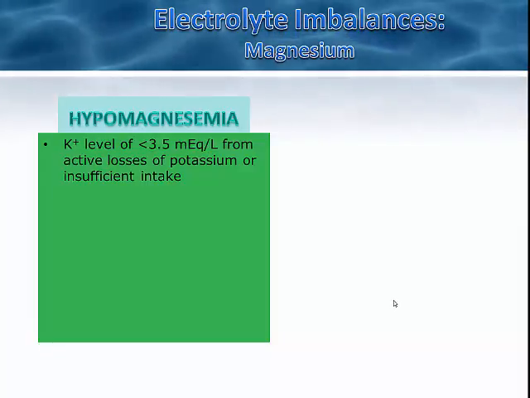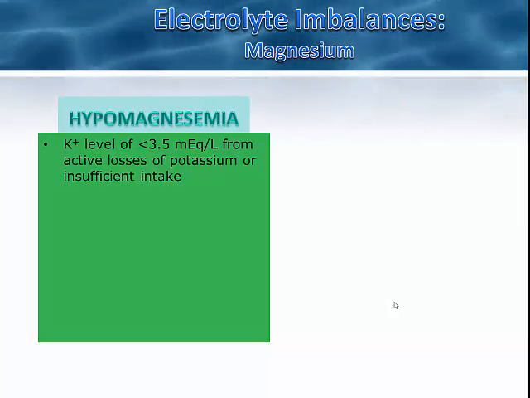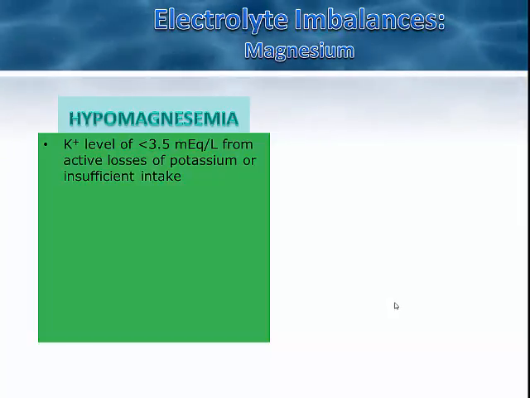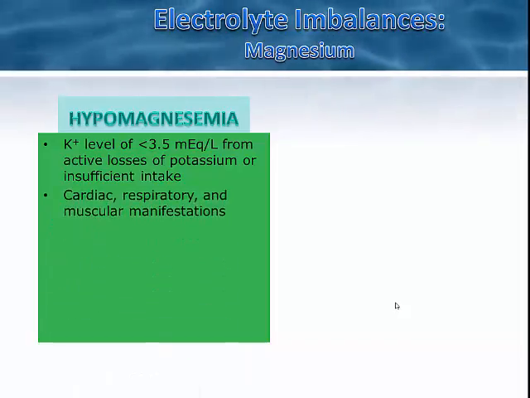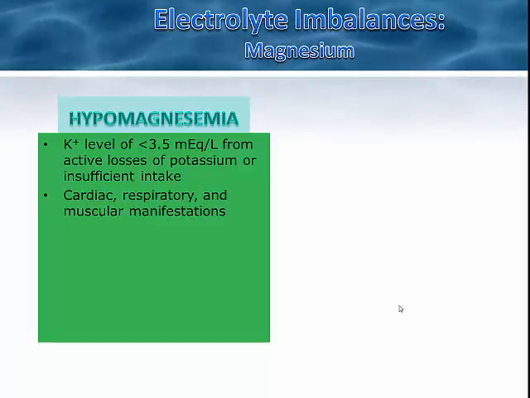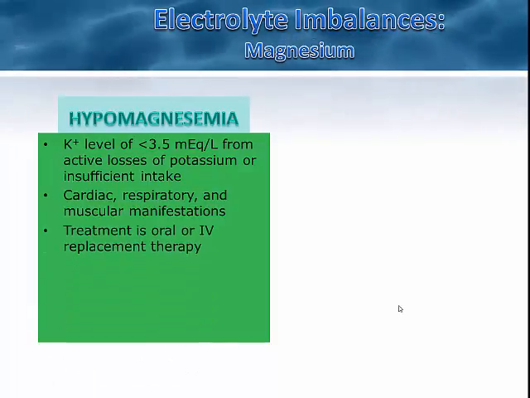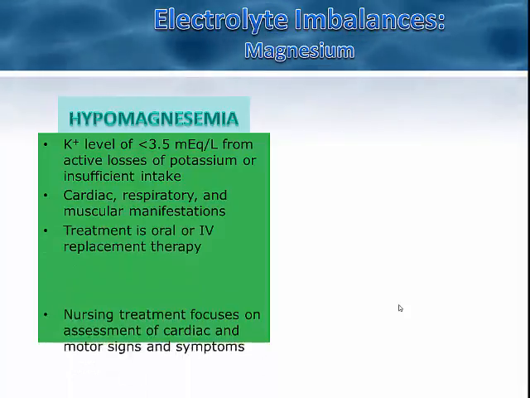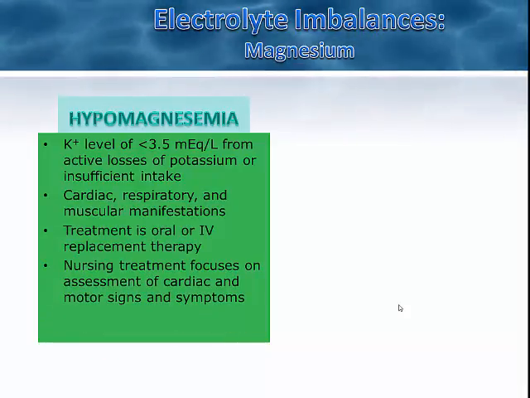And from the loss of potassium, we could have an insufficient intake of magnesium. Symptoms: cardiac, respiratory, and muscular manifestations. Treatment would be oral or IV replacement of magnesium, and nursing treatment focuses on assessment of cardiac and motor signs.